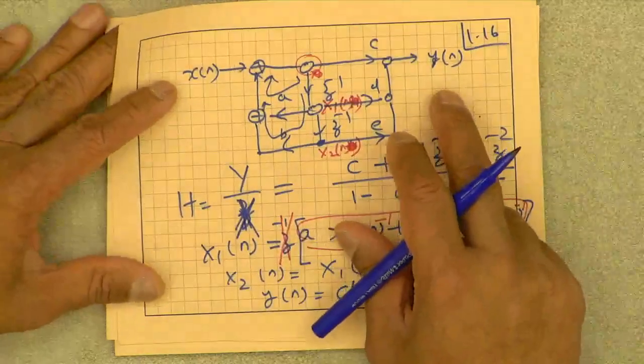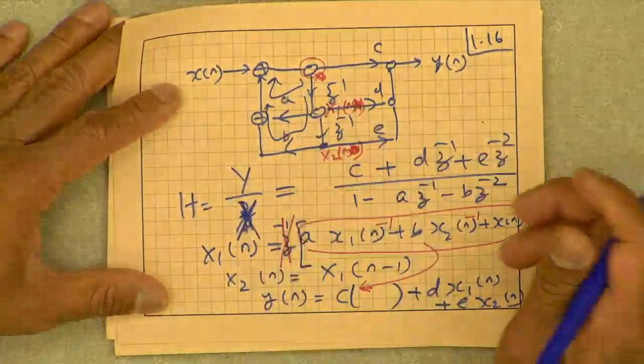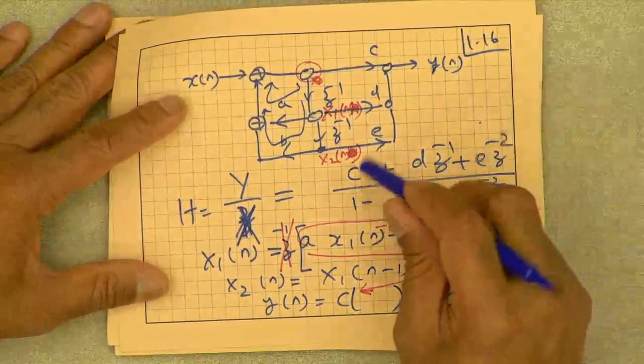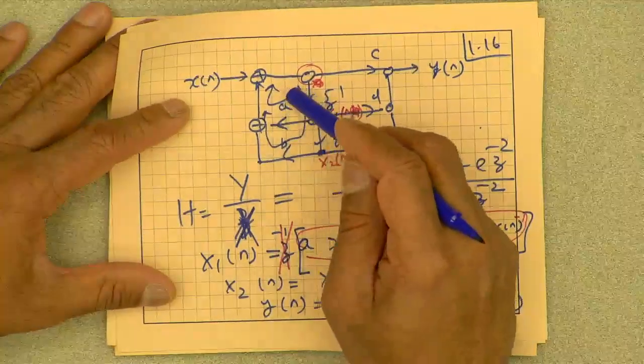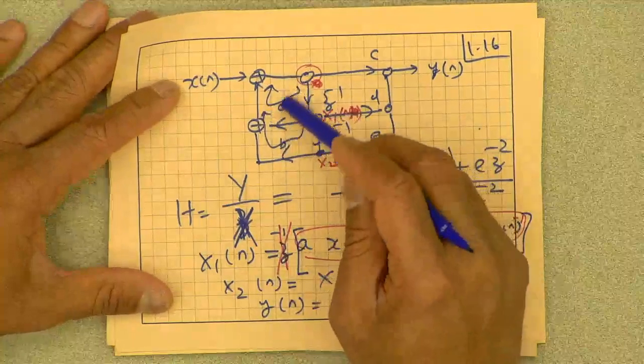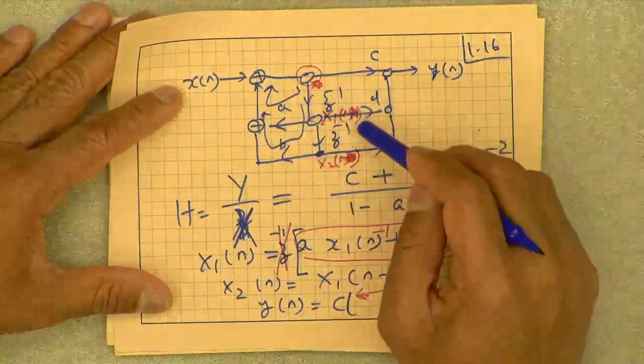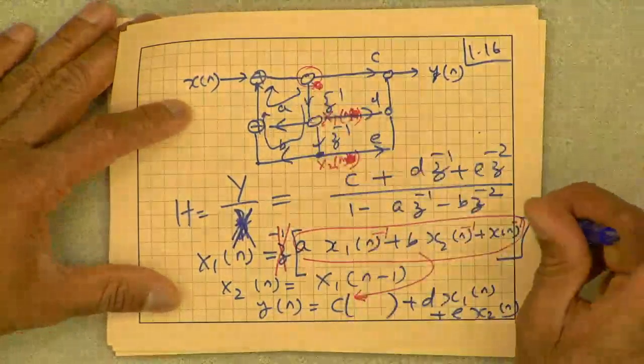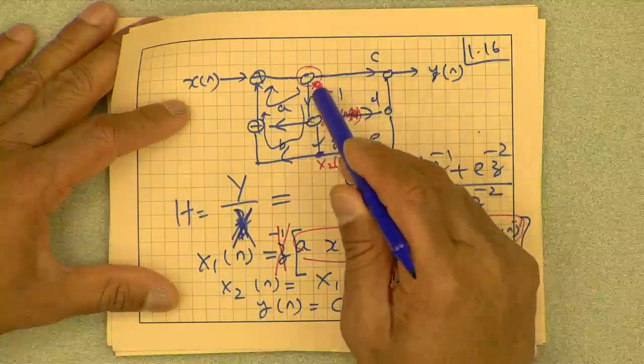So the biquad is essentially a second order IIR filter organized in this form, and it has two delay elements.